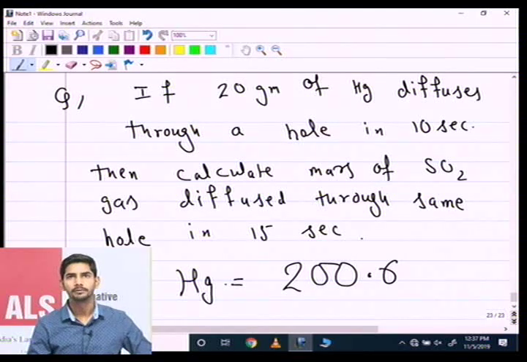Wait a minute. Are you thinking that you will use the molar mass of mercury here?